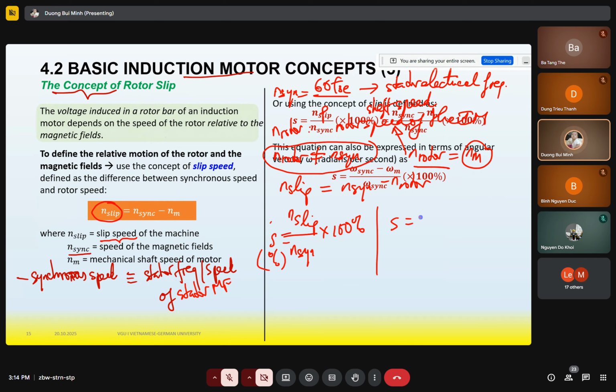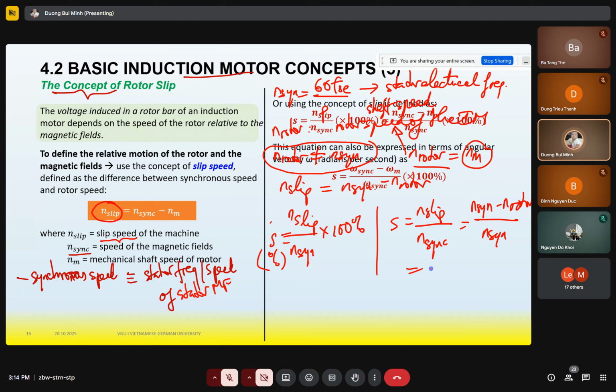Otherwise, S is n_slip over n_sync, where n_slip is n_sync minus n_rotor, divided by n_sync.